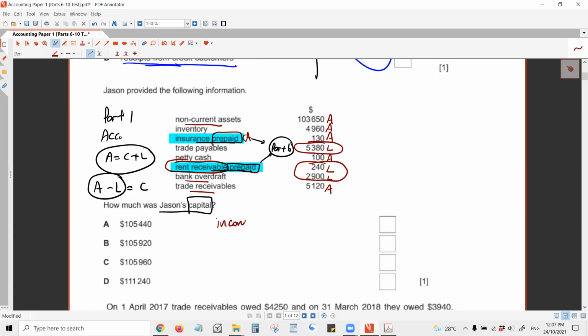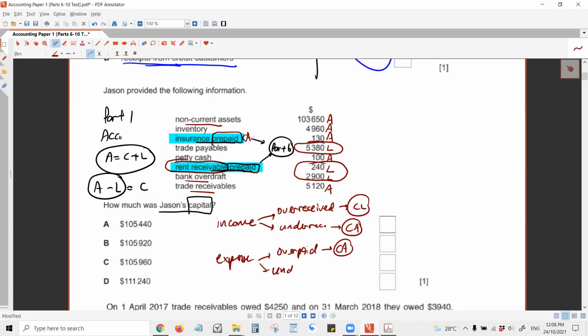If you are looking at an income, if we over receive an income, it is a current liability. If we under receive, meaning it is outstanding, of course, they don't use the word over receive and under receive, but I want to make it simple to understand here. If you under receive, it is a current asset. For an expense, if you overpaid an expense, it's a current asset. If you underpay an expense, it's a current liability.